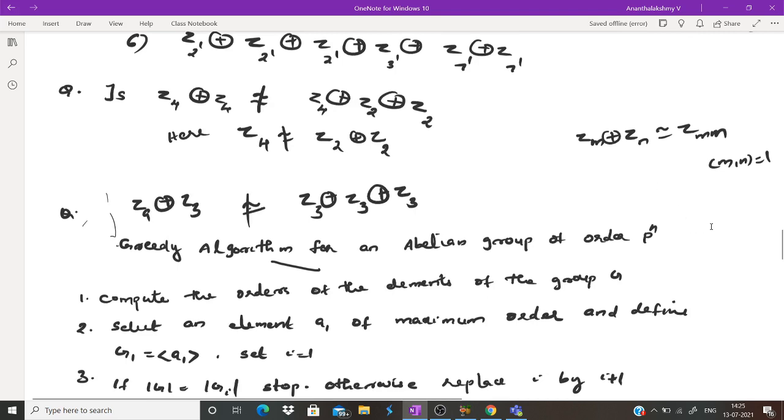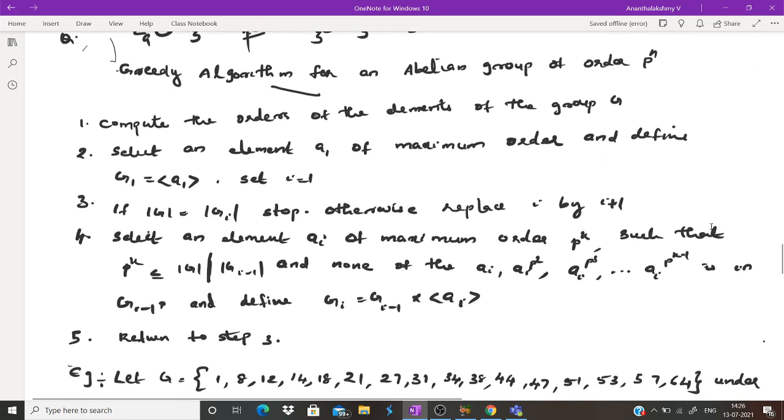What the algorithm says is how you can write an abelian group which is of prime power order in terms of an internal direct product. That is what we are going to discuss.